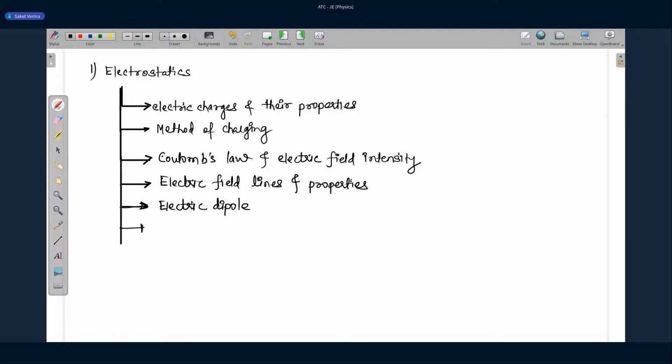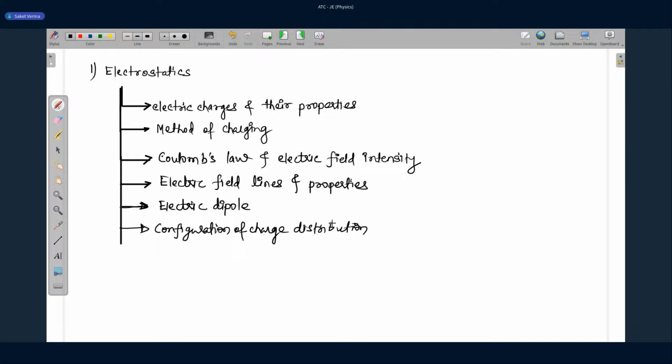Then we have different types of charge configurations, so we can say the configuration of charge distribution.